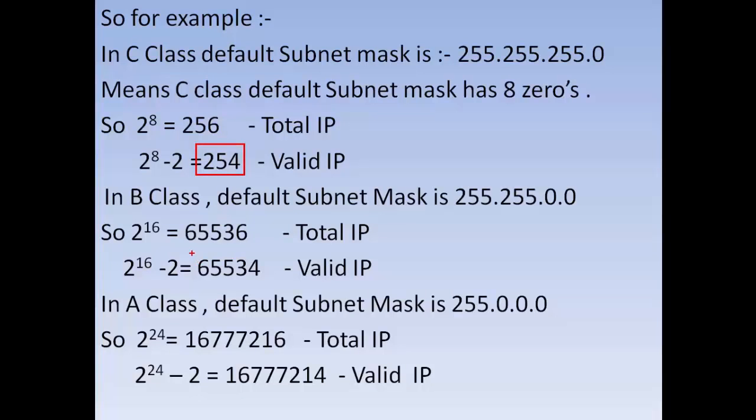In B class it can be 65,534, and in A class it can be 16,777,000, more than that. Such a big broadcast domain. If a single machine creates a broadcast here, it goes to all the 65,534 machines.